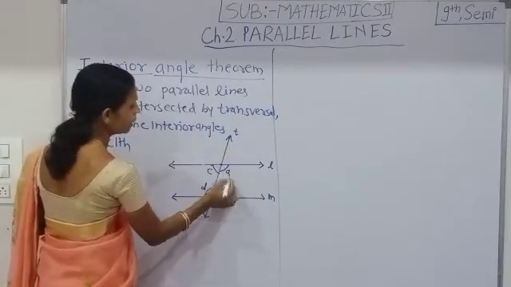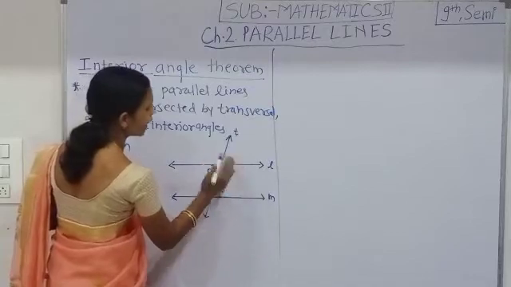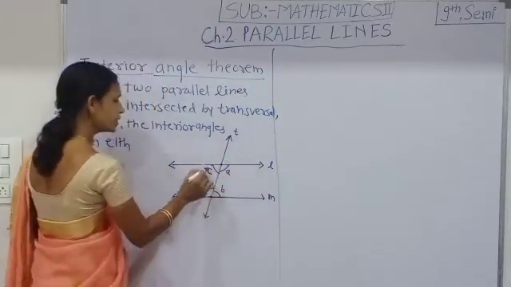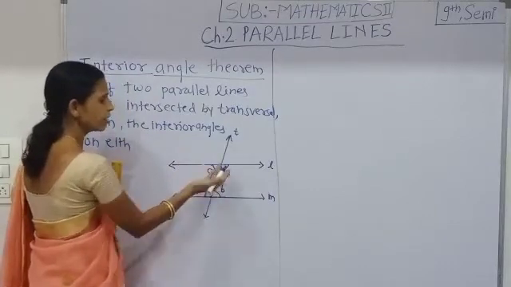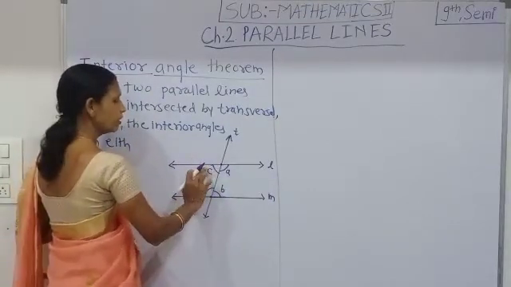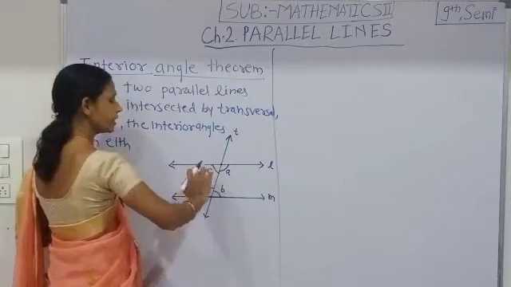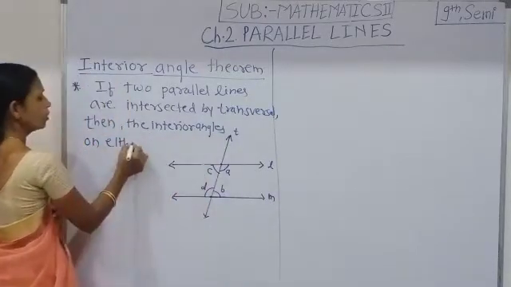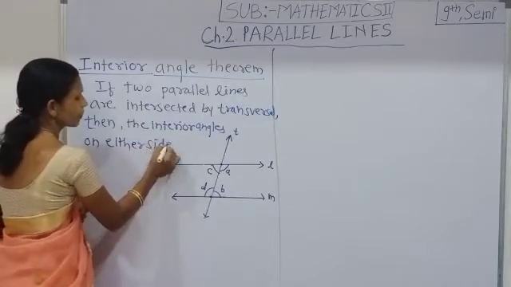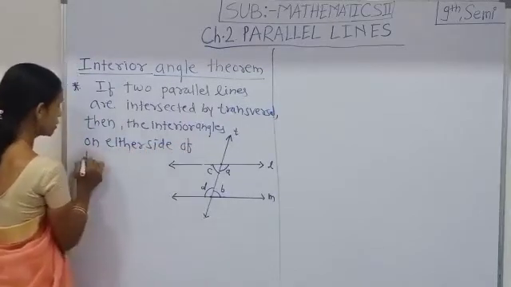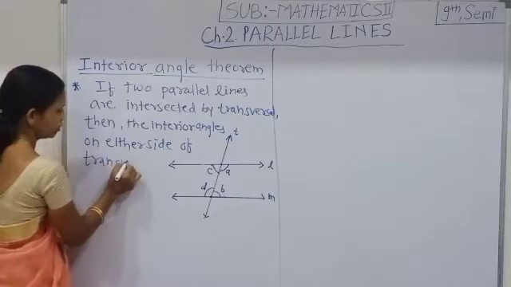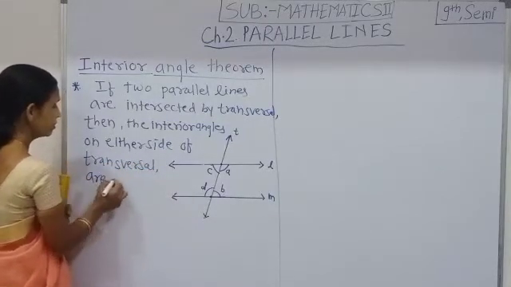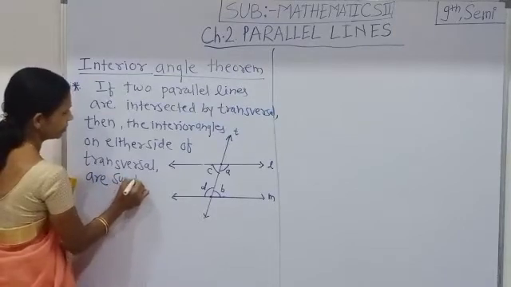Angle A and angle B are the interior angles formed on the right side of the transversal, and angle C and angle D are the interior angles formed on the other side, that is the left side of the transversal.